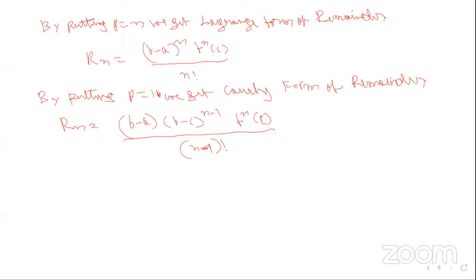This is an alternate form of Taylor's theorem, Maclaurin's form of remainder. So Maclaurin's theorem with the Schlömilch-Roche form of remainder.